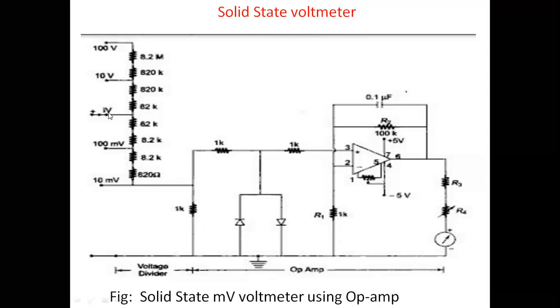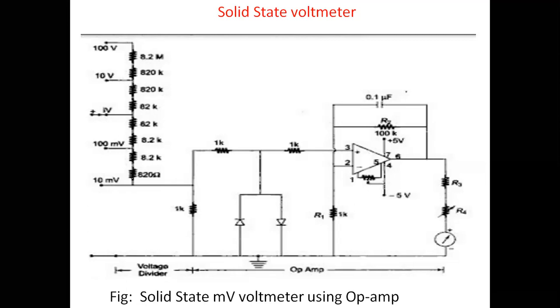This voltage divider network provides the voltage drop, and that voltage drop is applied to the op amp. Here we are using the op amp for voltage gain. To get the higher voltage gain we prefer the op amp.